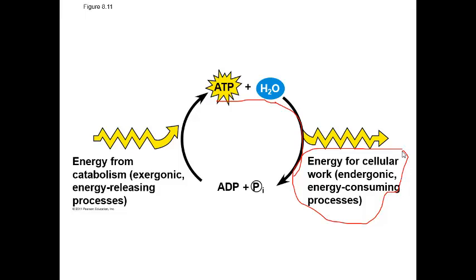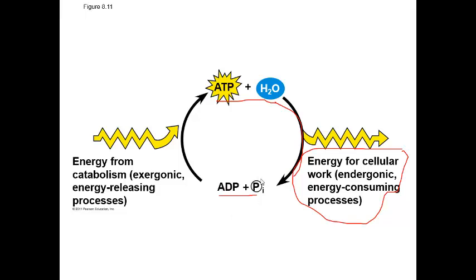Whether that cellular work is going to be chemical work, transport work, or mechanical work. When ATP gets hydrolyzed, it releases its energy and it becomes ADP and the phosphate.